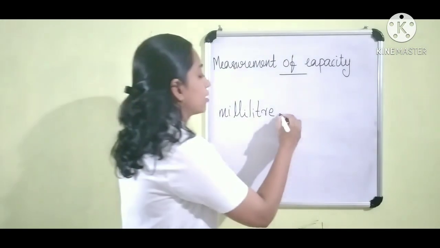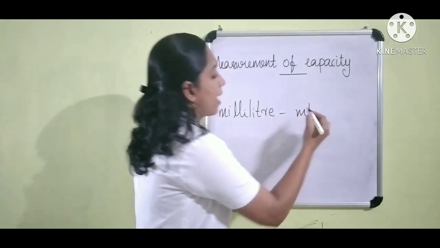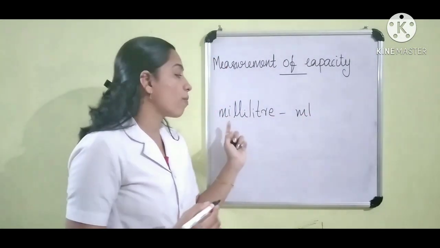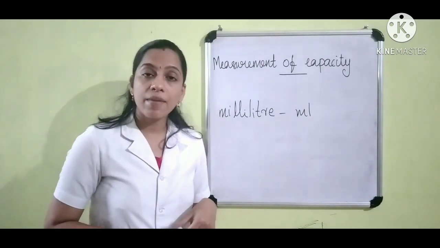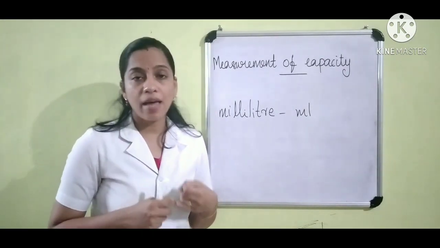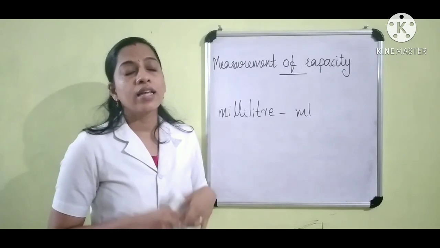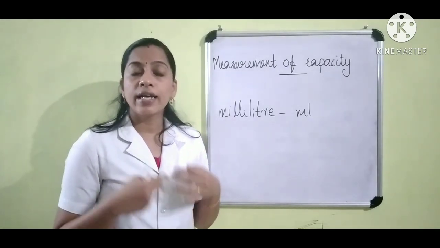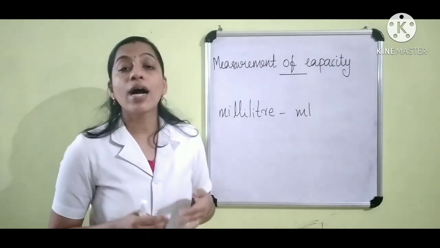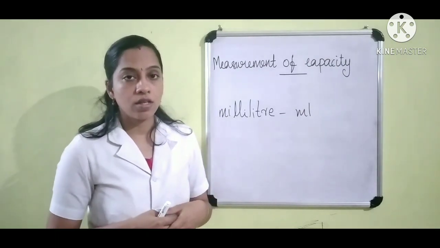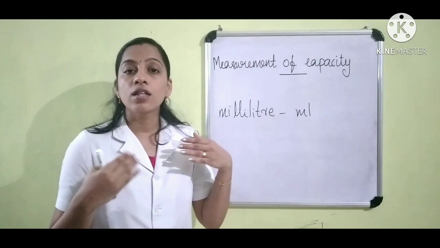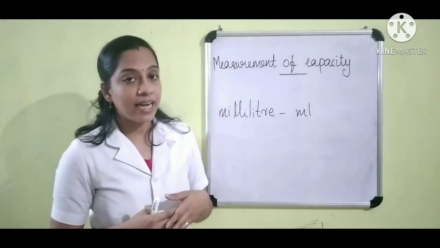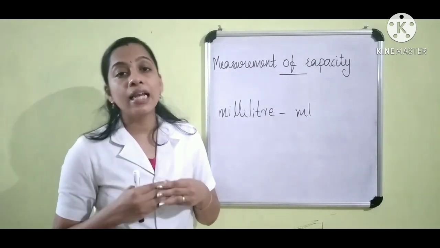It is written in short as ml. ml is the short form of milliliter. For example, a drop of water is about 1 milliliter. The capacity of a teaspoon is about 5 milliliter. And a tea cup can hold 200 milliliter of tea. So, to measure the capacity of small containers, we use milliliter.